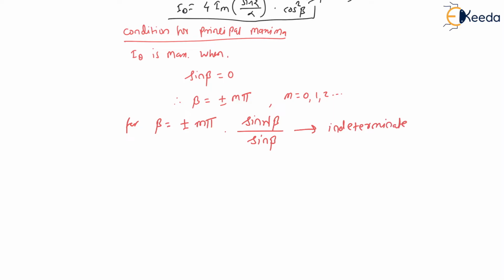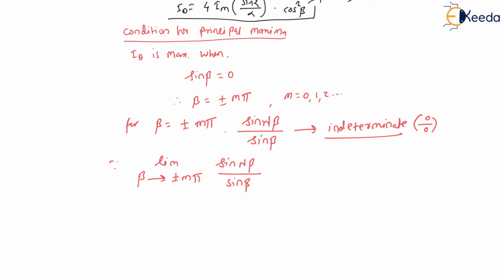So how to find it then? Whenever we get values like 0 by 0, or terms which we can't determine, we use a limit. So here I'll use the limit as β tends to plus minus mπ of sin nβ divided by sin β. We have applied the limit.